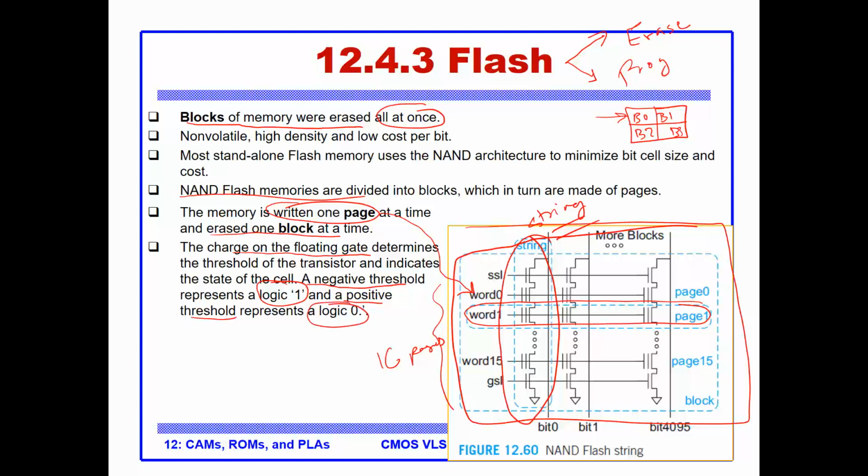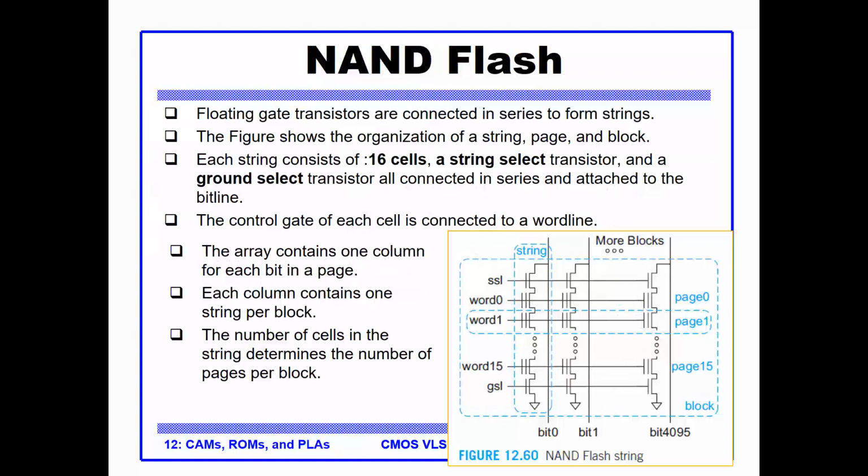Now, here's an example where this string consists of 16 cells. All these are called cells or transistors, if you will, and this is because I have 16 pages, and in every page, you can see this is an entire page, I have multiple bits, each represented with a string.